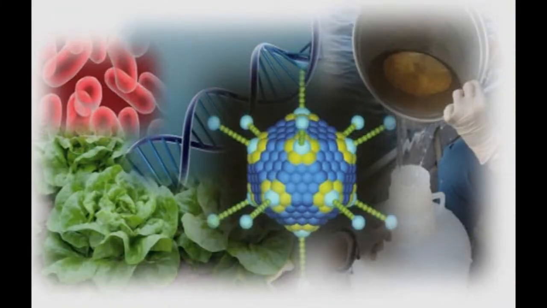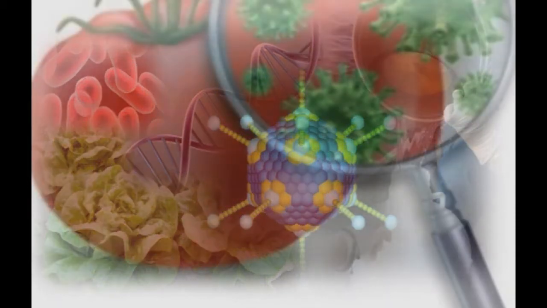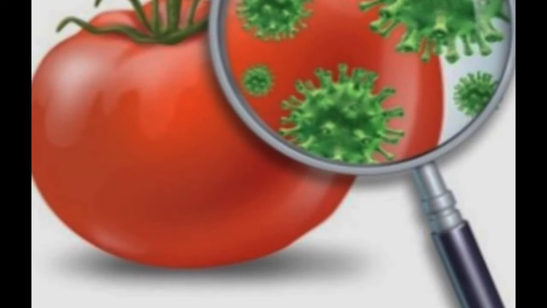The alternative to testing for many different types of pathogens is to test for bacteria that indicate the potential presence of pathogens. The most common source of pathogens in food and water is fecal contamination of either animal or human origin.